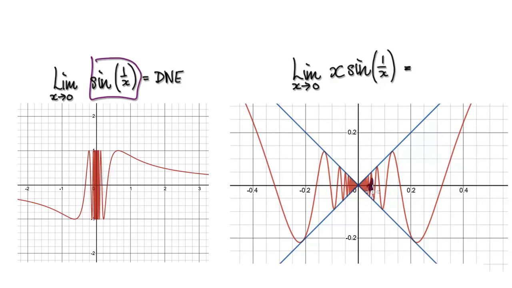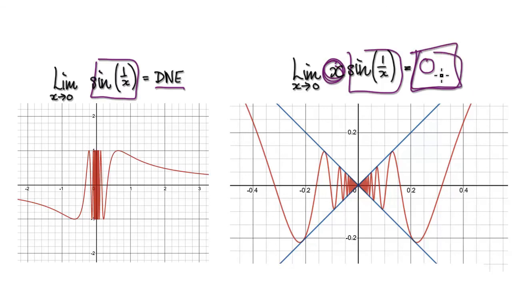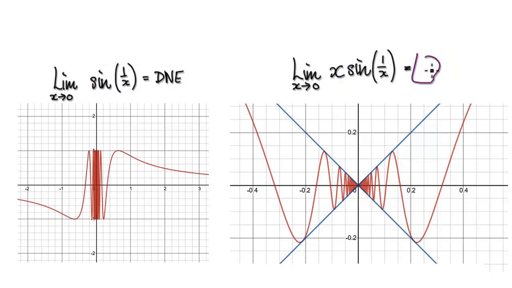Here it squiggles a lot as you approach 0, but I don't care about the squiggle this time, because it's being funneled through one particular point, which would be 0. So the limit does exist and it equals 0. So remember, this alone will be DNE. If it gets funneled by something that heads towards a particular point, then we say that the limit exists. Here the limit exists, it equals 0.